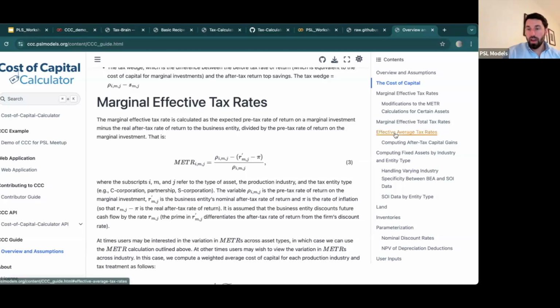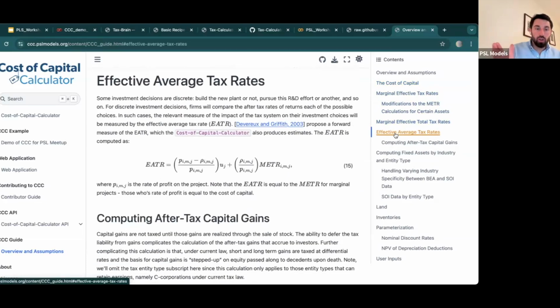There's also the effective average tax rate. So we're not just thinking about the marginal decision here, invest a little bit more or less, but an average tax rate is also computed on that forward-looking basis, following Devereux and Griffith. This is really important when we're thinking about policies where we're concerned about the location of capital. So is the U.S. competitive in an international context? We might be worried about that effective tax rate.